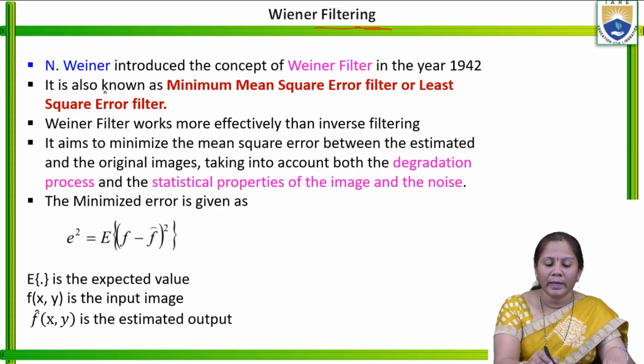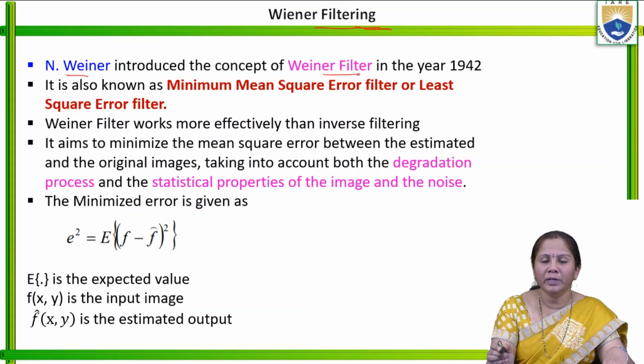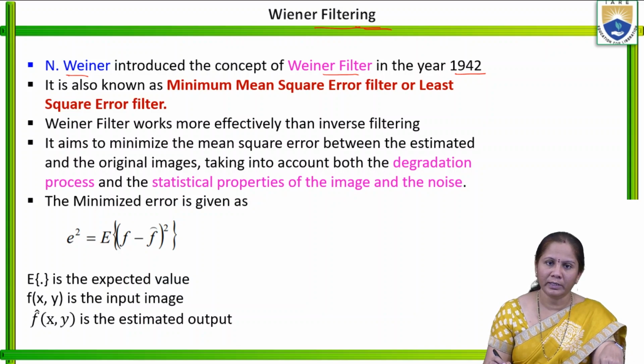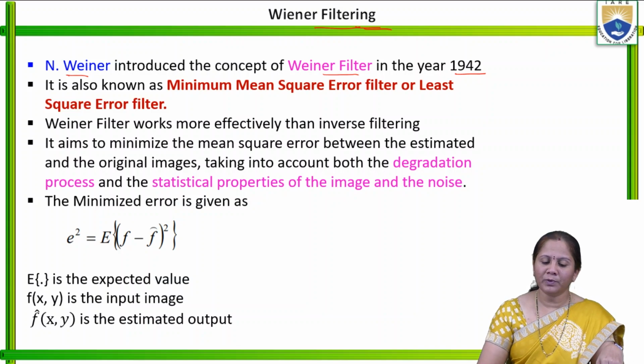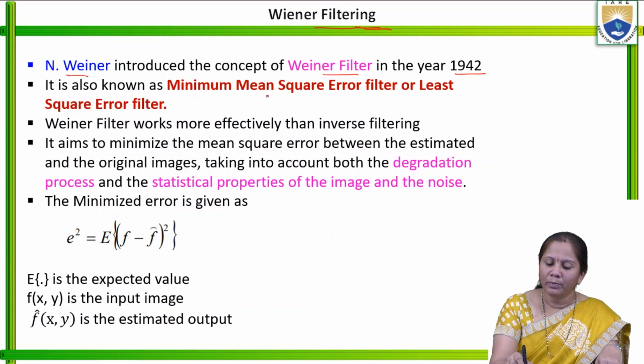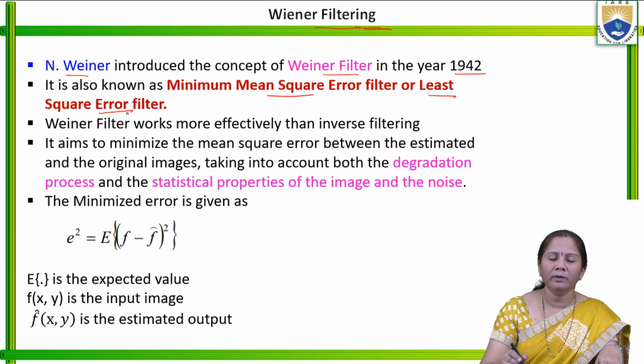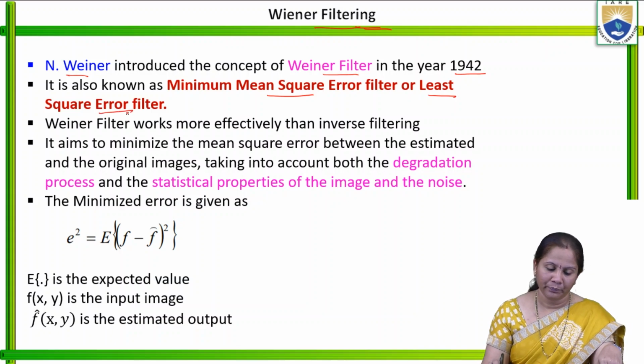N. Wiener is the person who introduced the Wiener filter in the year 1942. There are other names for the Wiener filter: it is called the minimum mean square error filter, and it can also be called the least square error filter.